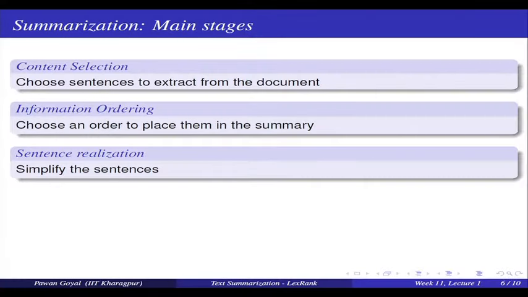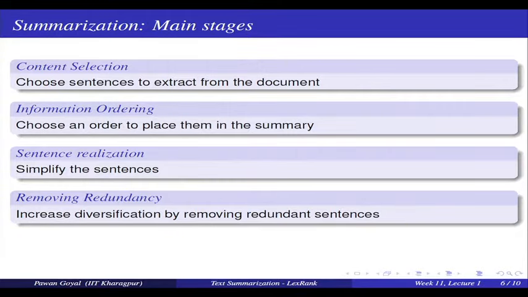Then I might want to simplify the sentences that I am getting for the summary, that is, remove some of the redundant phrases and so on. This is simplification. Once I have done that, I may also want to remove redundancy. I found the important sentences, but two of the sentences are very similar to each other, so I want to remove a sentence that is similar to a sentence already present in my summary.